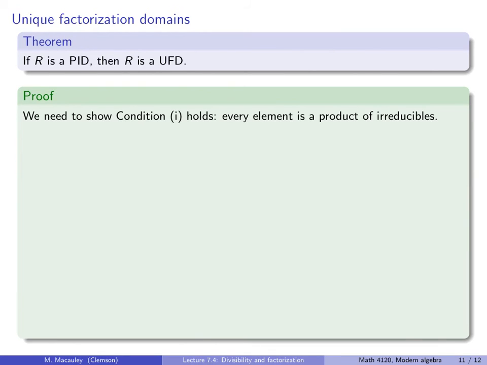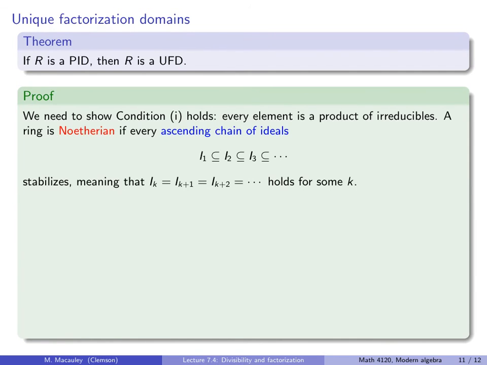For the proof, all we need to do is show that condition 1 holds in the definition of a UFD. That is, every element is a product of irreducibles. We've already shown the second condition, which is every irreducible is prime. To do this, we will introduce a concept of a Noetherian ring.